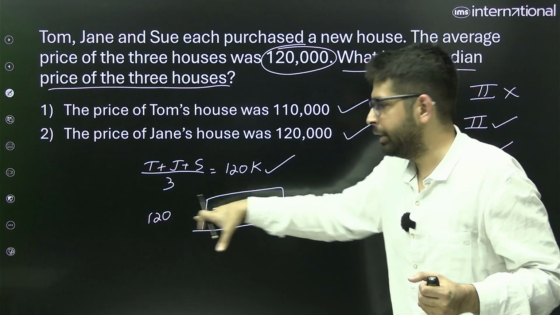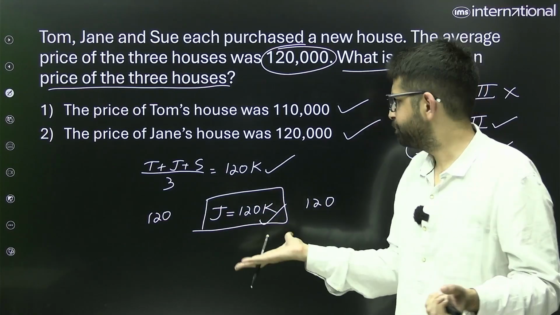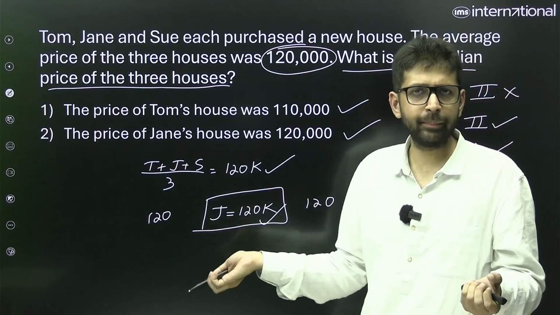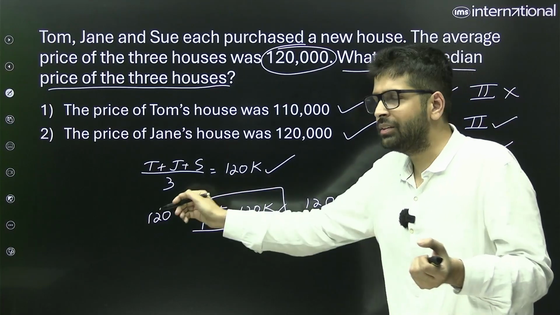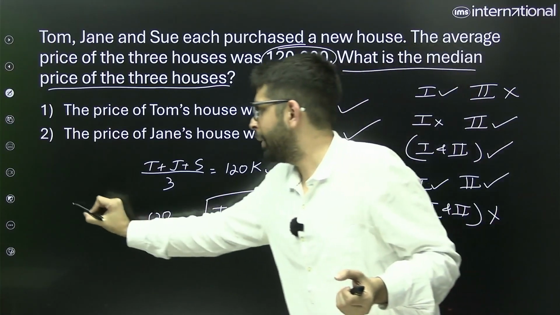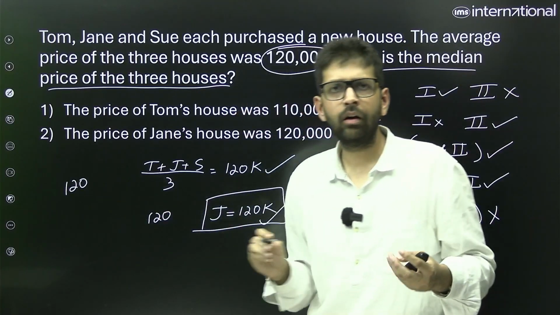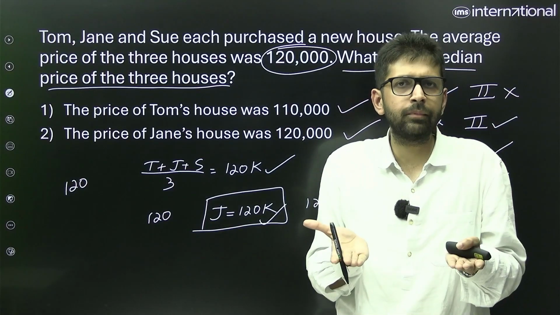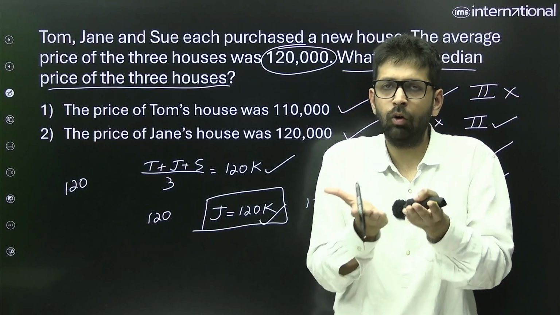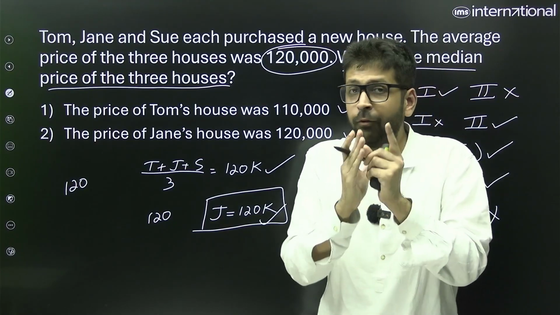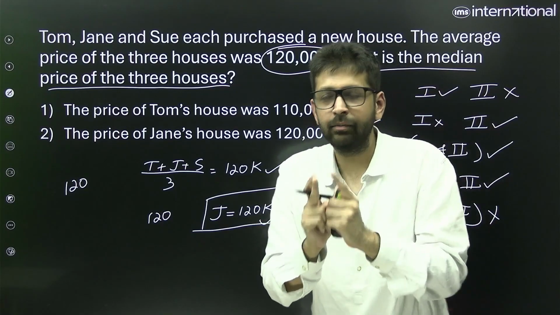And if all the three terms are same, my median would be 120, right? So therefore, if all the three terms were same, my median was 120. But who told that all these three terms are same? There's a possibility that all the three are different. But if all the three are different, what does that mean?